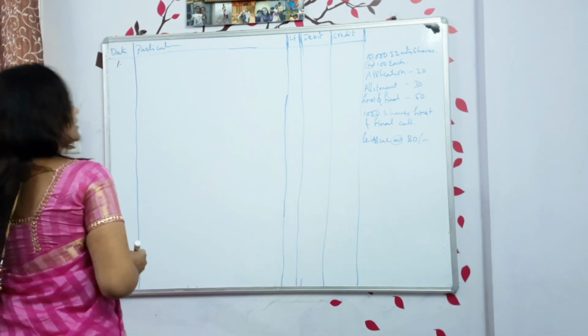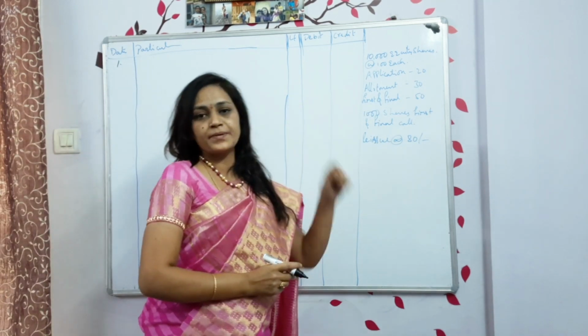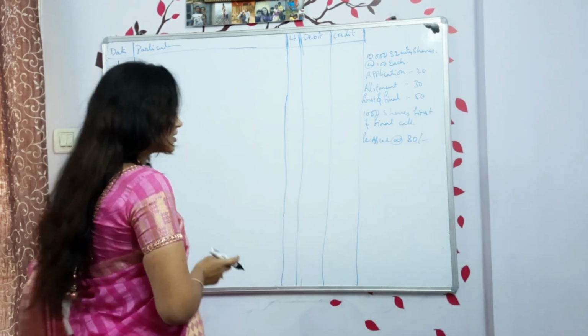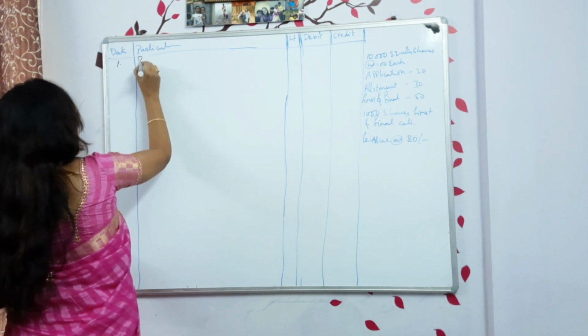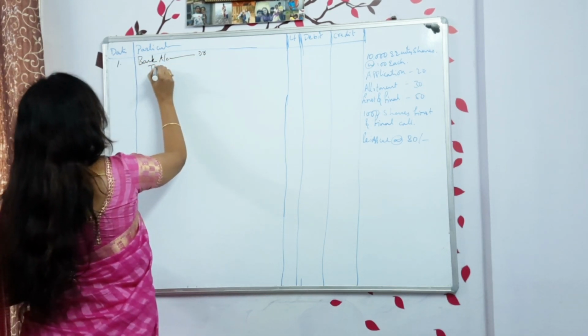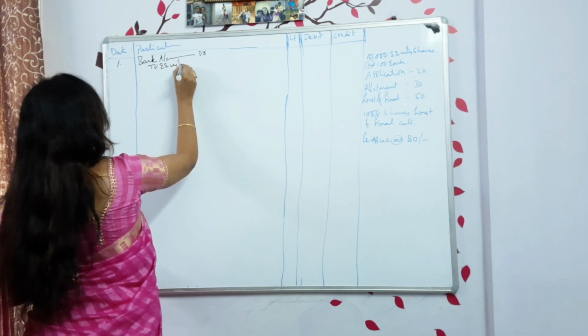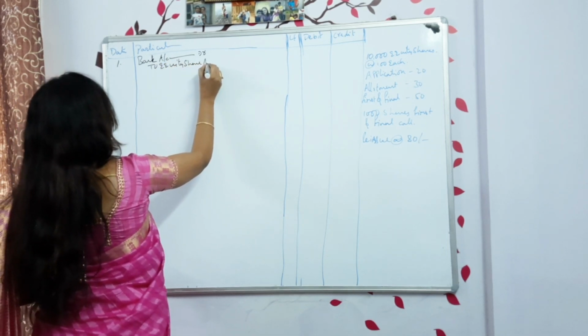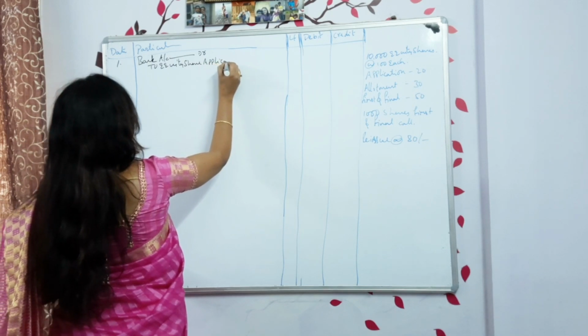First journal you write is for receiving the application money. Already we have done this, but once again I will explain. Bank account debit to equity share application account.